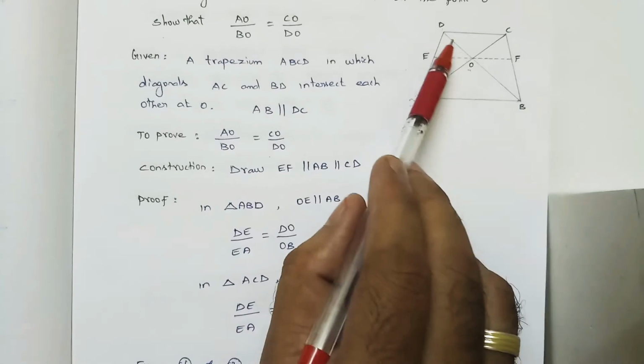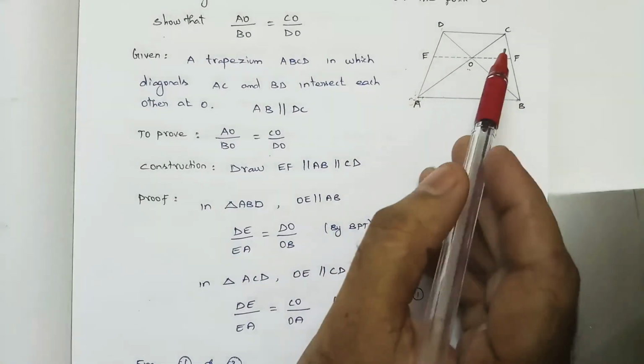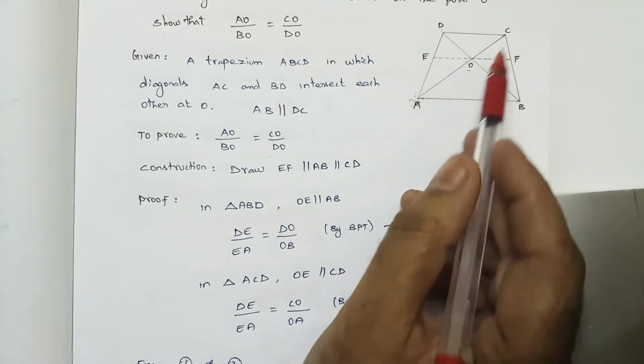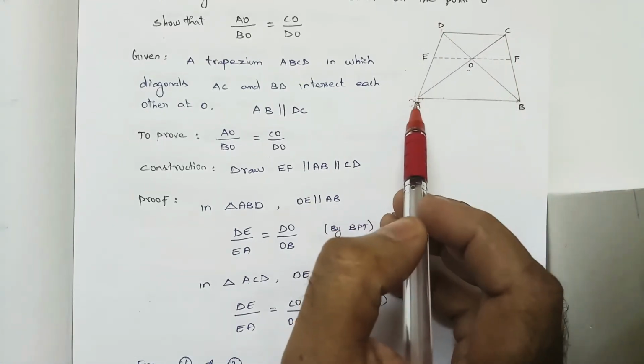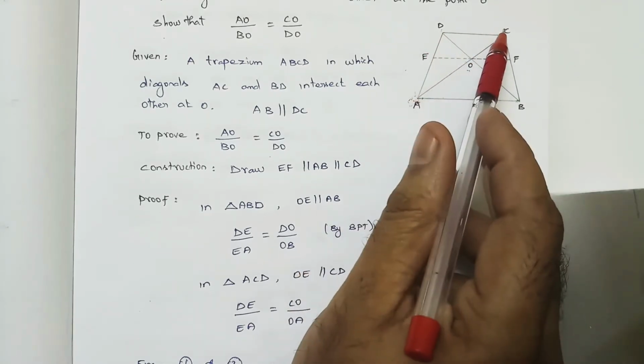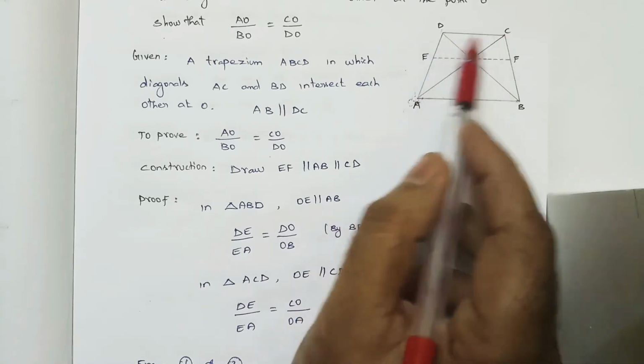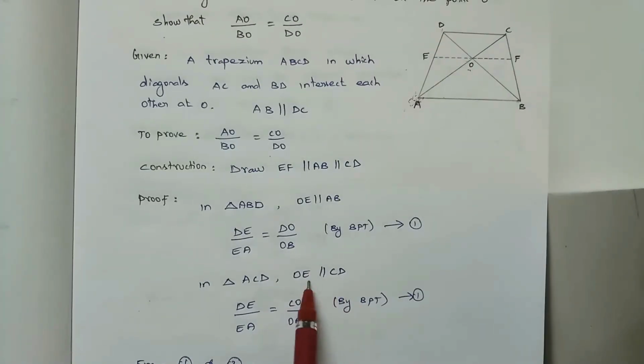Next, I'm going to use the diagonal AC and the side AD. Which triangle is coming? Triangle ACD. In triangle ACD, OE is parallel to CD.